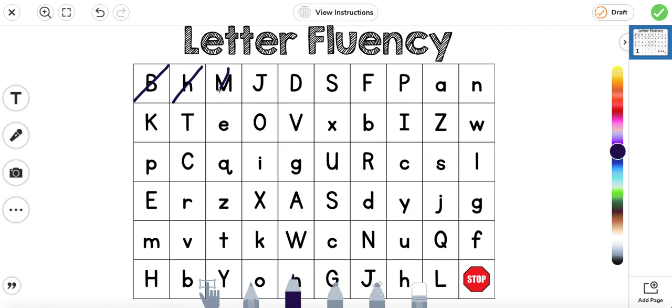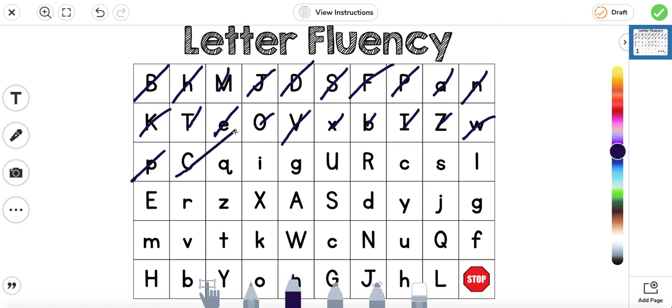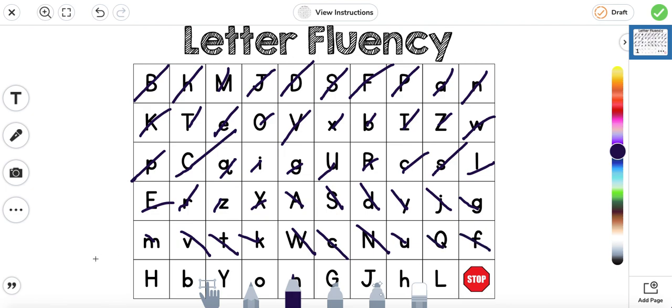B, H, M, J, D, S, F, P, A, N, K, T, E, O, V, X, B, I, Z, W, P, C, Q, I, G, U, R, C, S, L, E, R, Z, X, A, S, D, Y, J, G, M, V, T, K, W, C, N, U, Q, F, H, B, Y, O, N, G, J, H, L. Stop. Good job.